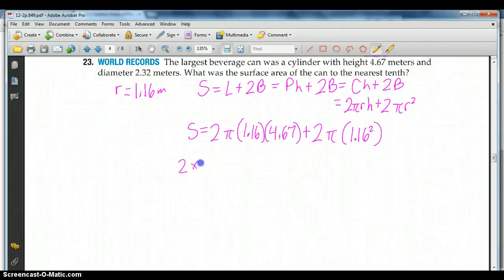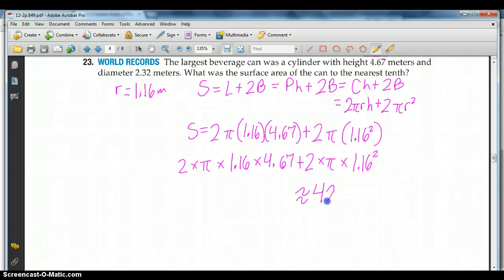So 2 times pi times 1.16 times 4.67 plus 2 times pi times 1.16 squared, using a calculator and approximating gives us 42.5 square meters for our surface area.